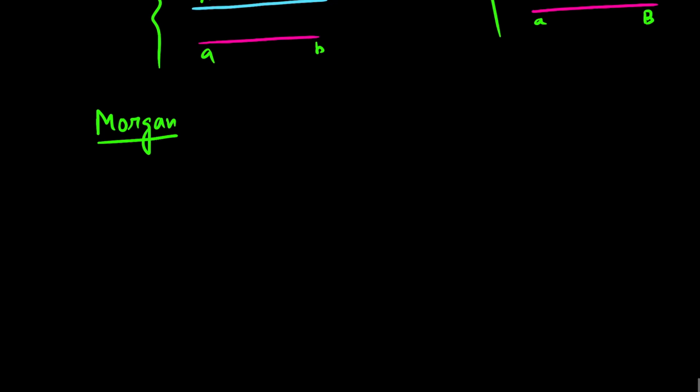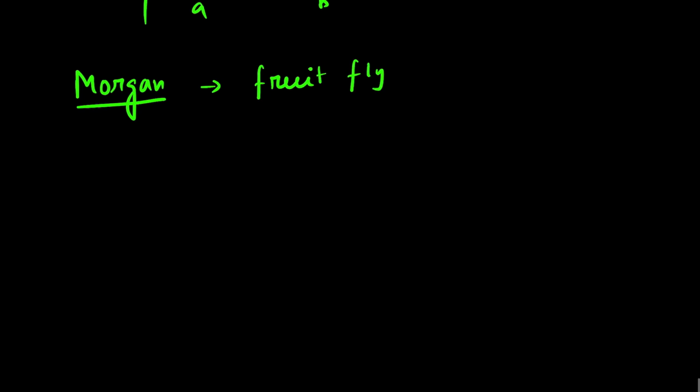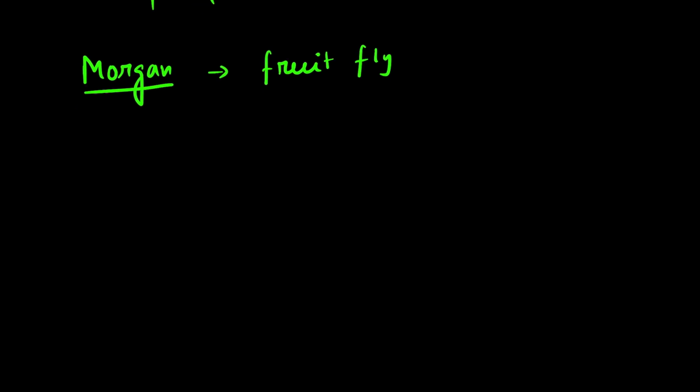So Morgan conducted an experiment on the fruit fly, where he took two traits, meaning he performed a dihybrid cross.